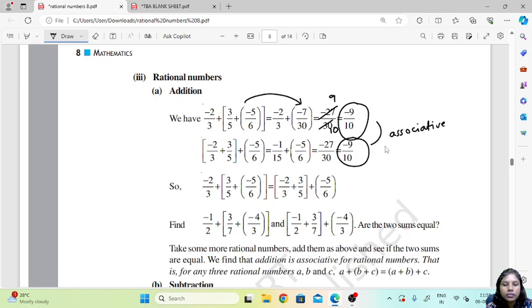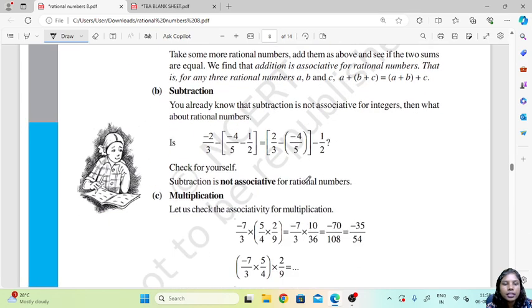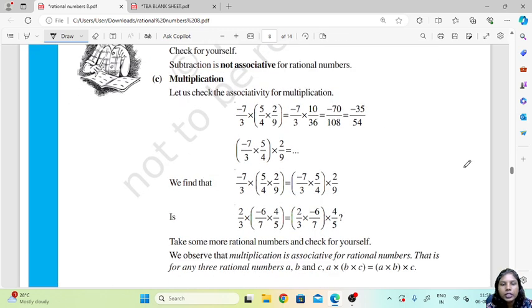Okay. Then subtraction, obviously it won't be, because we already know that the minute you shift a bracket, the signs are going to change and therefore the answer will not remain the same. Multiplication, no matter in which order you multiply or where you shift a bracket, the final answer still remains same.